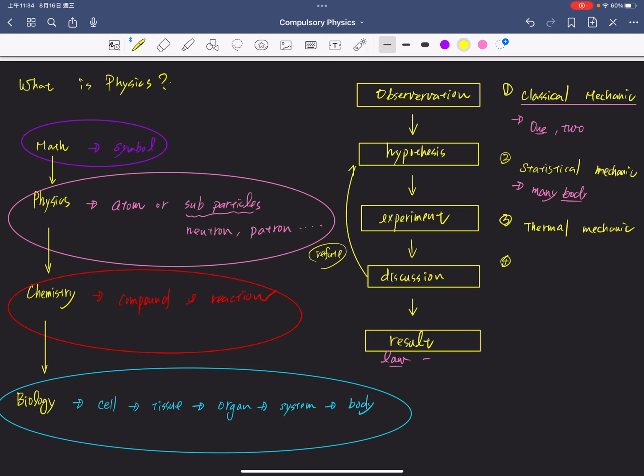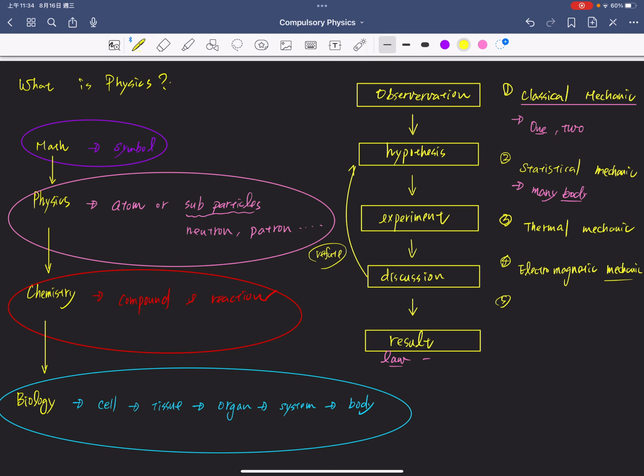And when we finish thermal mechanics, another will be electromagnetic mechanics. In electromagnetic mechanics, we talk about static charge, and static charge will cause electricity like the Coulomb force, and moving charge will cause current, and current will cause magnetic fields. All these things are really important, and we construct electromagnetic mechanics. That's great.